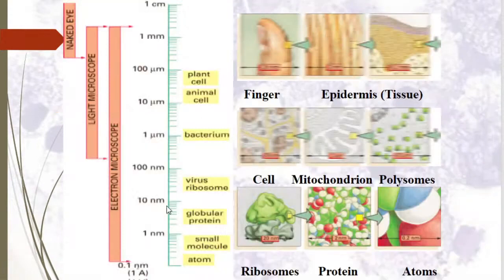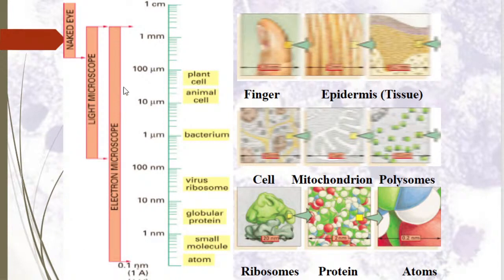Look at this schematic diagram. We see that the naked eye shows us centimeters and millimeters, but at the level of 10 micrometers, plant cells and animal cells are invisible to the naked eye. For that we use a light microscope. But if we continue the investigation and need to know how they are organized, we need to use another type of device, the electron microscope.